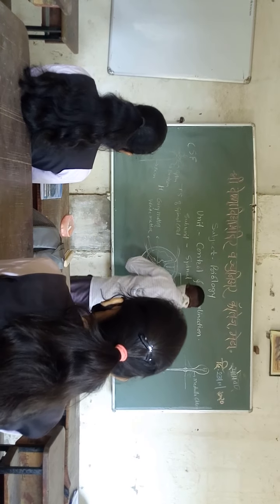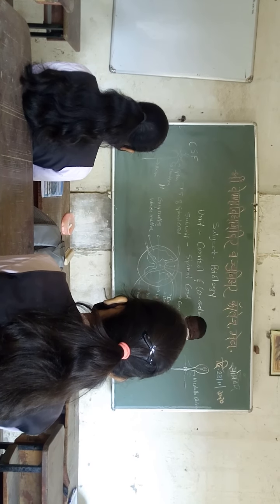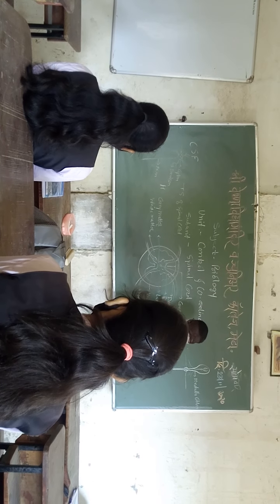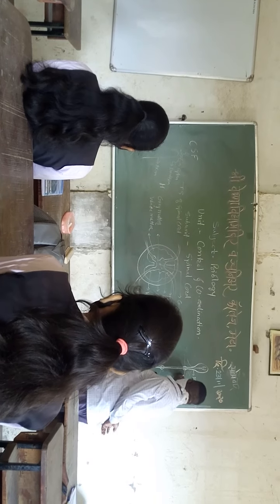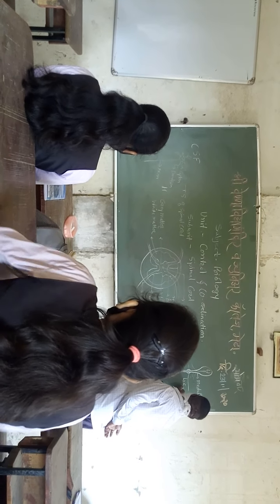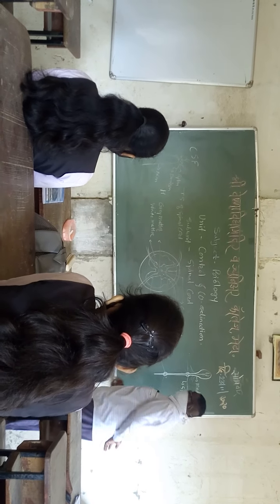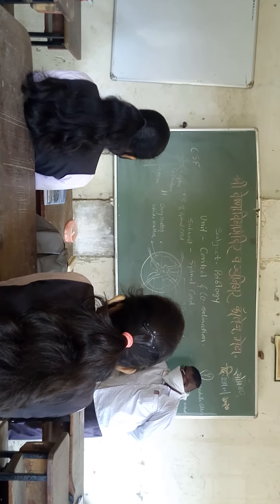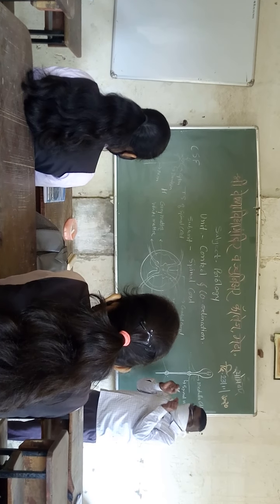Then the spinal cord. This is the spinal nerve. This is the spinal nerve. It appears in between the two vertebrae, where a small gap is present.